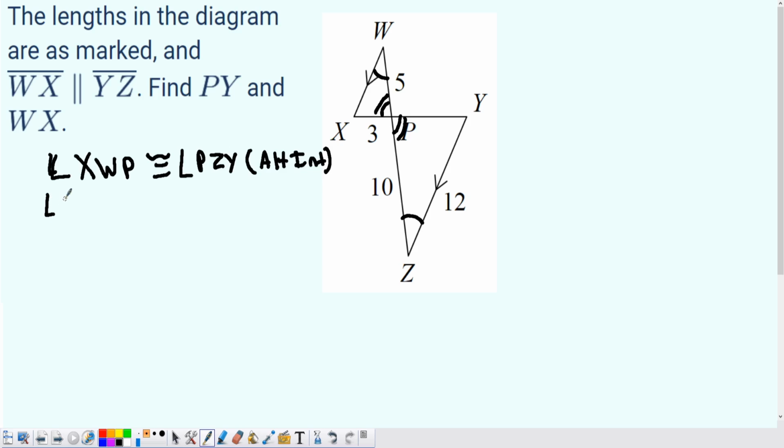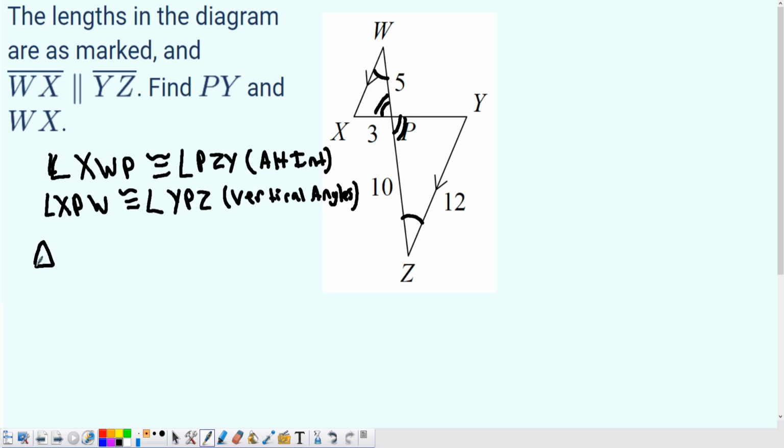So again, we have XPW, which is congruent to the angle YPZ. And that's because they are vertical angles. Now, that has given us sufficient proof for angle-angle similarity.